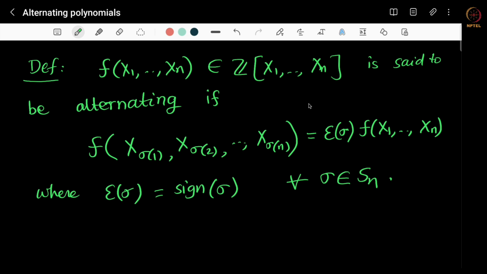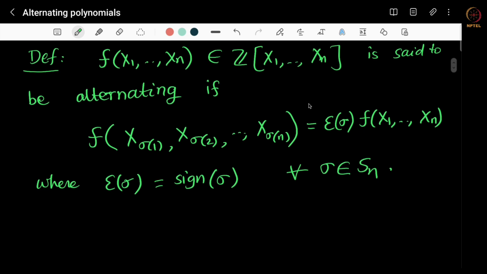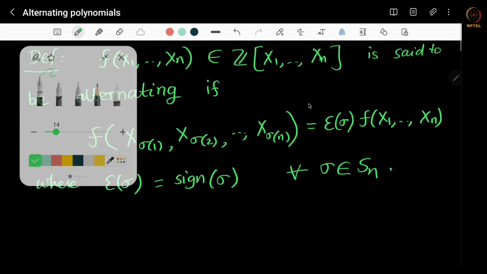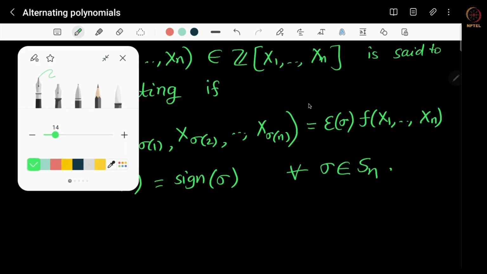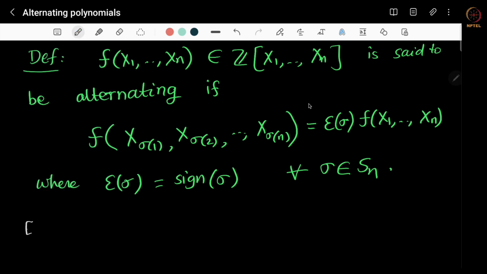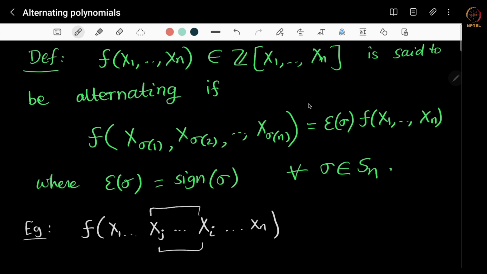So as a quick example, what does this mean? This just says that if I permute any two of the variables, keeping everything else fixed, but just interchange i and j, let's say, so all I've done is interchange the position of the ith and the jth variables.